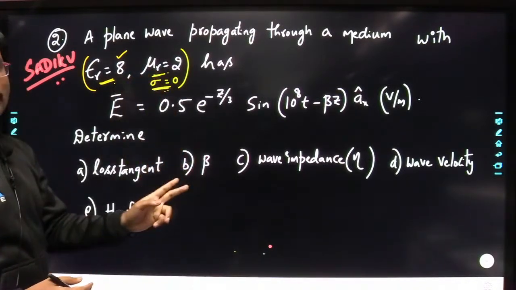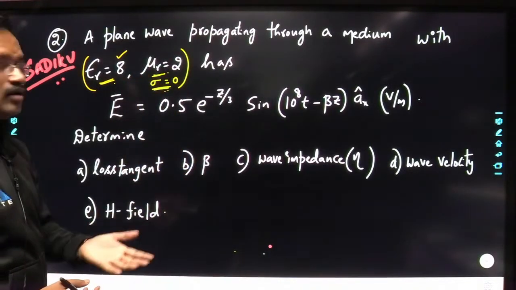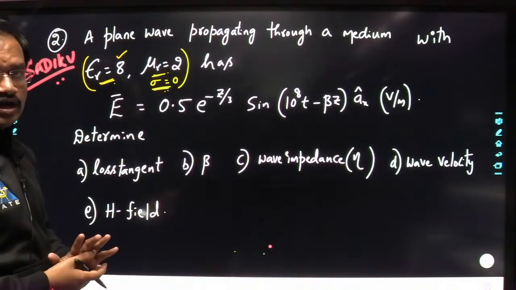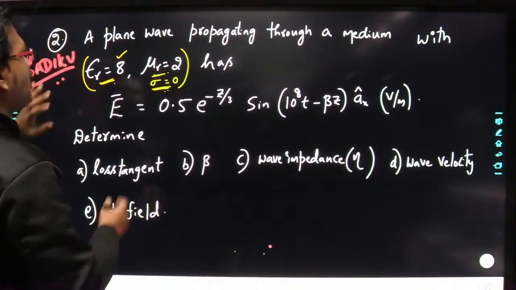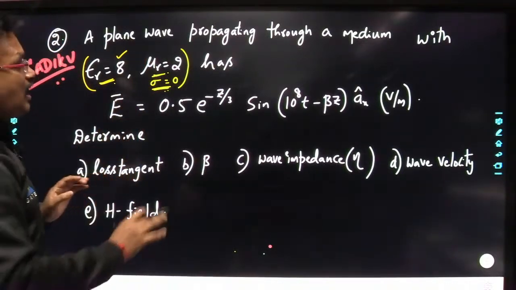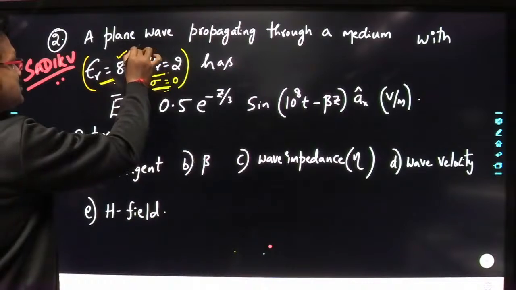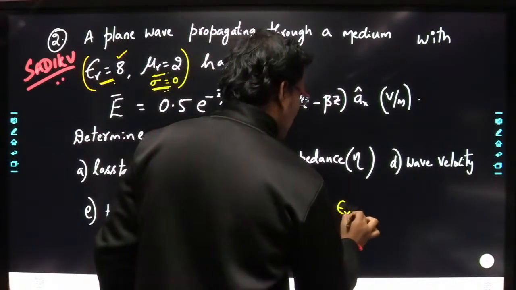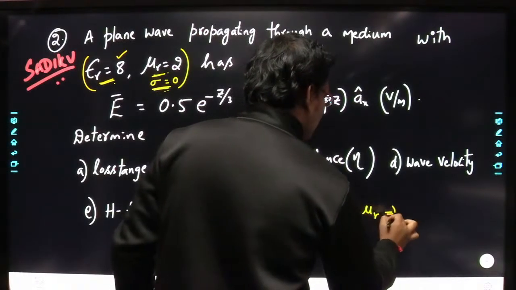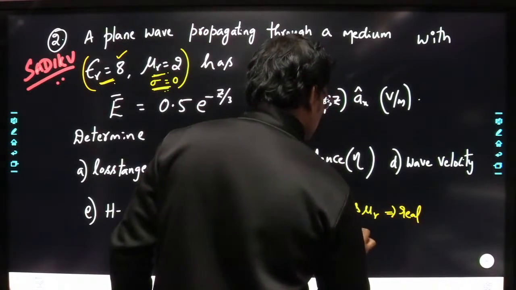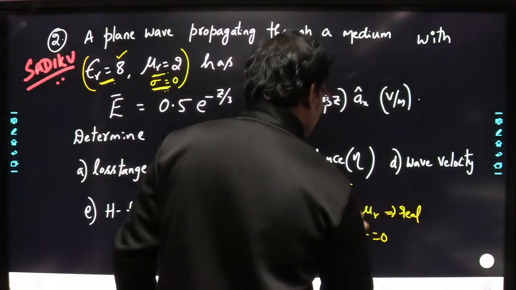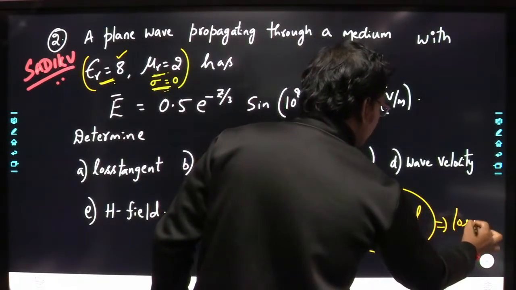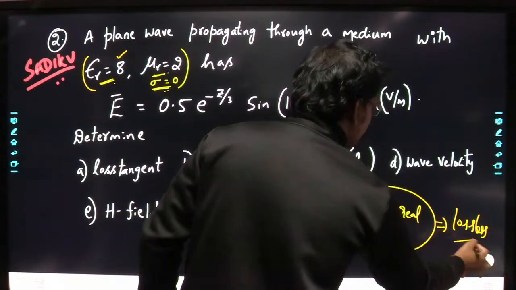So mu r is real means mu is also a real quantity, and epsilon r is real means epsilon is also a real quantity. Understood? So if epsilon r and mu r values are real and sigma is equal to 0, then the medium is going to behave as what? The medium is going to behave as a lossless medium.